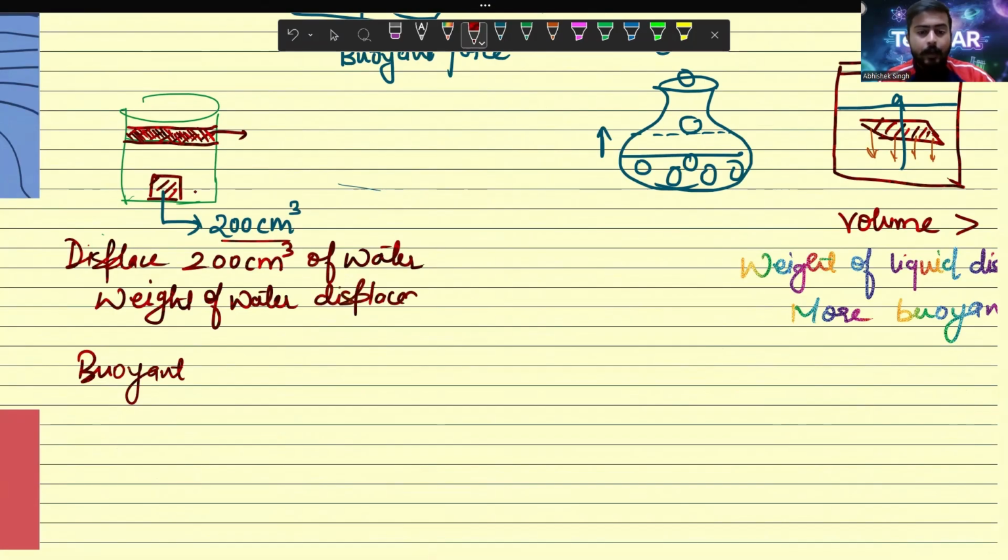Do we know about density? I hope everyone knows about density. Density is equal to mass upon volume. What is the density of water? We already know that the density of water is 1000 kg per meter cube.